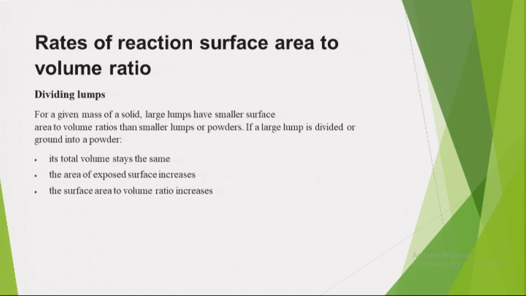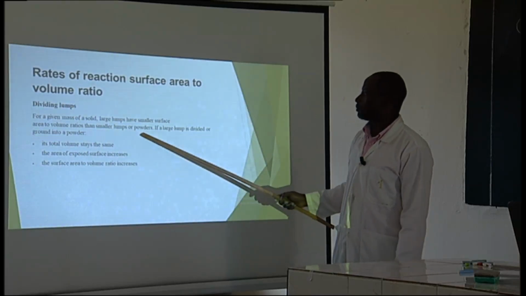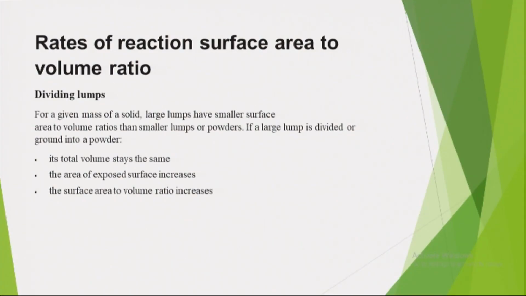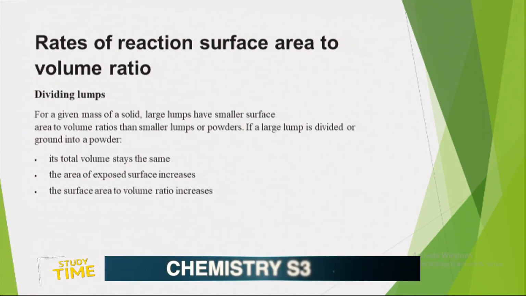For a given mass of solid, large lumps have smaller surface area to volume ratios than smaller lumps or powders. If a large lump is divided or ground into a powder, its total volume remains the same. The area of exposed surface increases. The surface area to volume ratio increases.